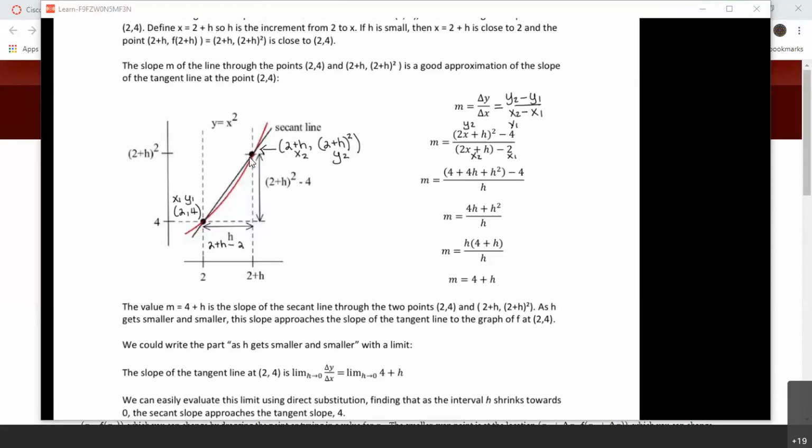But the problem is I can move this point down the secant line, and the h value changes. As I move this point down the secant line, h is getting smaller and smaller because it's getting closer and closer to 2. So rather than put in a million different values, and we'll try a couple, it's better to put the variable h in there, and then h can be as small as you want it to be.